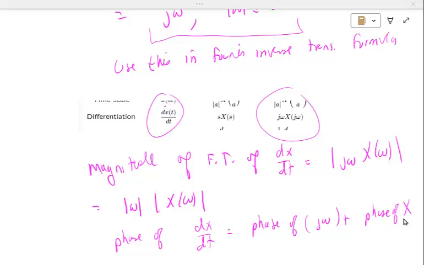So you take the phase of X, add pi over 2, and for the positive values, you add 0. For the negative values, you add pi. Now, pi is also minus pi. So if you go outside of the phase range from minus pi to pi, you'll have to subtract pi instead of add pi. That's how the phase will change. Okay, have fun.